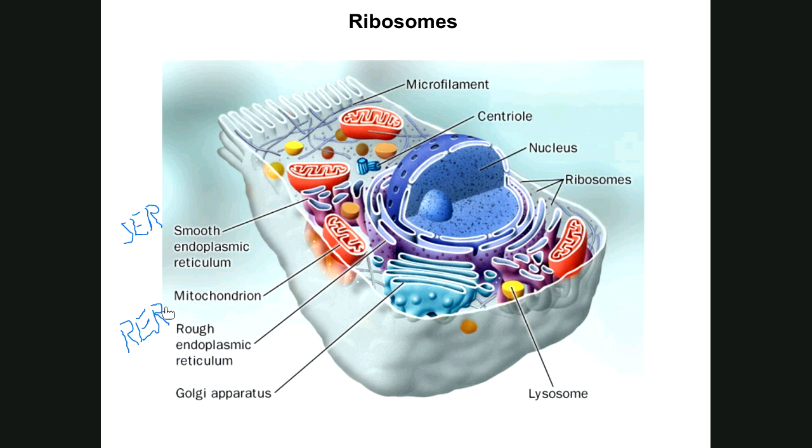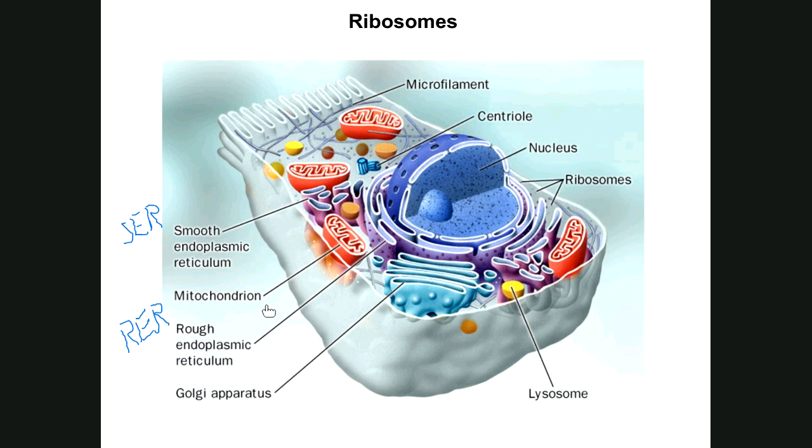But the rough ER in cell and molecular biology classes tends to get more of the attention because it's involved in protein synthesis, and it's where these proteins that are being transported, you see a lot of information given. Rough endoplasmic reticulum. The rough is due to they have fixed ribosomes attached.